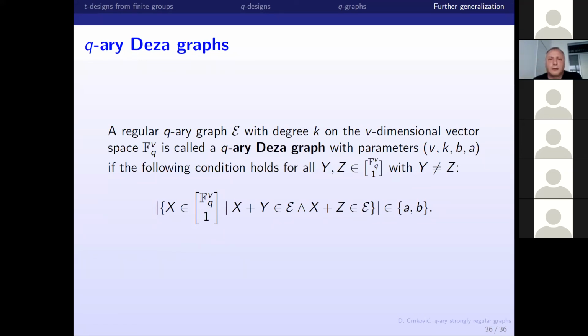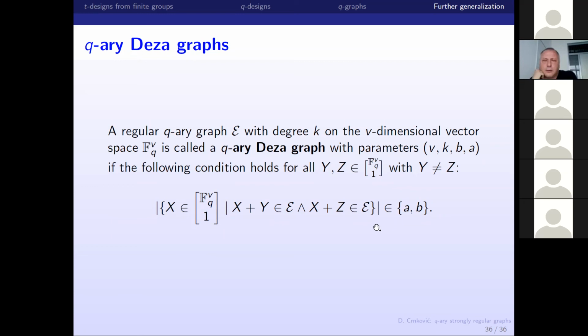If we again have a regular q-ary graph, and for two subspaces y and z, the number of one-subspaces x such that x plus y is an edge and x plus z is an edge also takes just two values, a and b, then we can say that this is a q-ary graph.